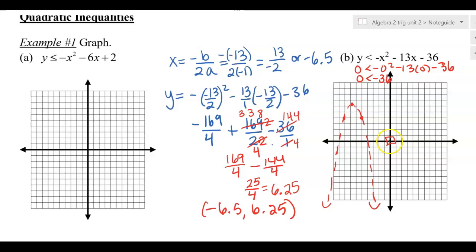So does this point work in this inequality? No. So is this point a solution of this inequality? No. So that point lies where there are not solutions, which means all the solutions are in the other area of the graph. Remember, the graph has been split into two areas by this boundary parabola. So the solutions are not in that area. They are in this area.